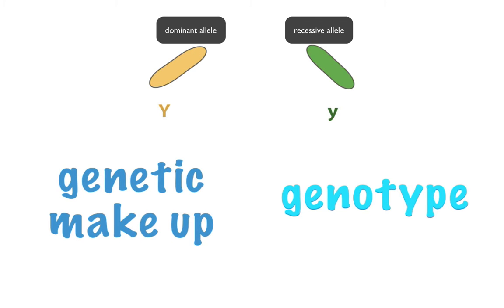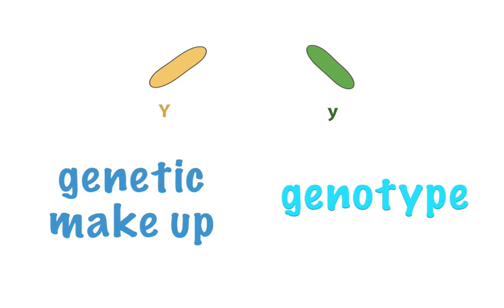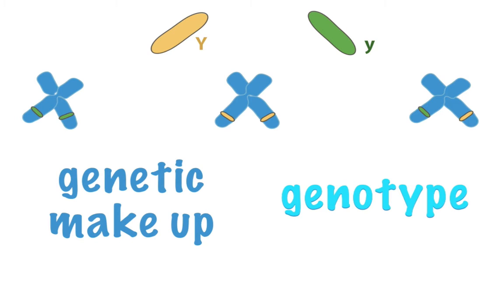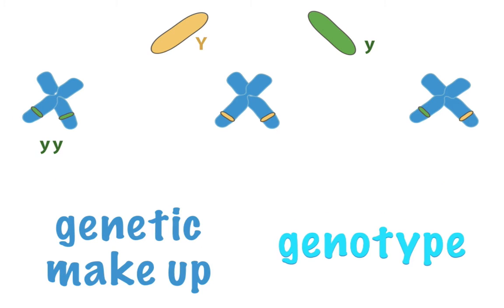Now, one of the things that you need to get used to as we continue on, when we discuss a dominant gene, like the color, we're going to refer to it with a capital letter, like capital Y for yellow, which is the dominant gene. And the allele for the recessive gene, we're going to diagram with a lowercase y. So the genetic makeup for the one on the far left, you have two recessive genes, which would be two lowercase y's.